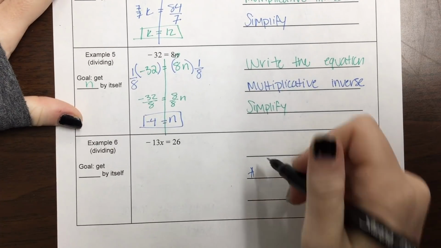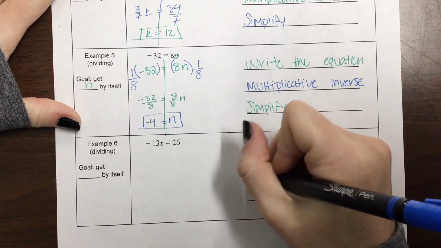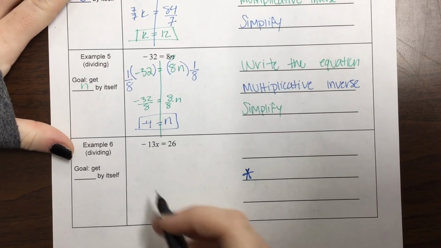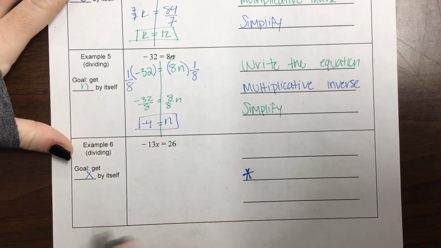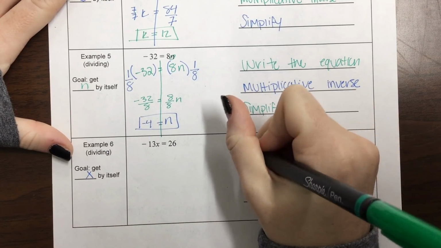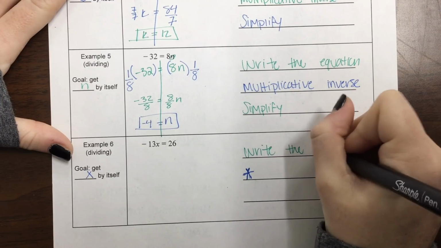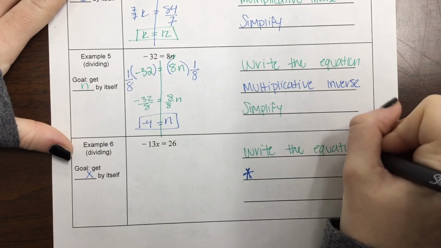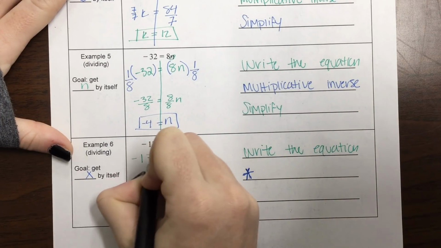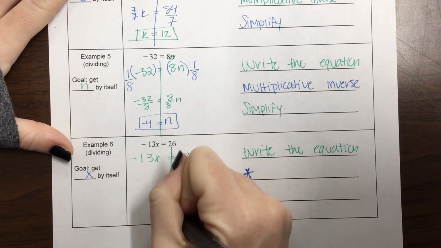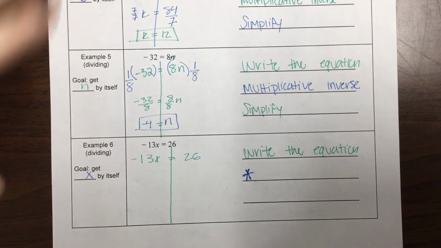All right, I'm going to do this one down here a little bit differently, but very similar. So I still want to find x. I'm going to start by writing the equation. But this time I'm going to divide.